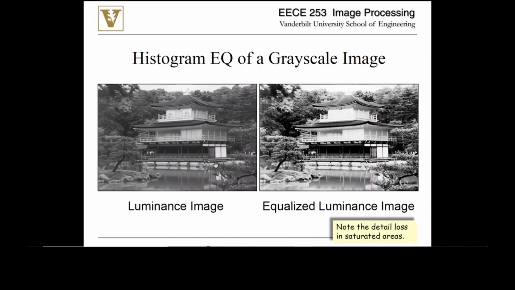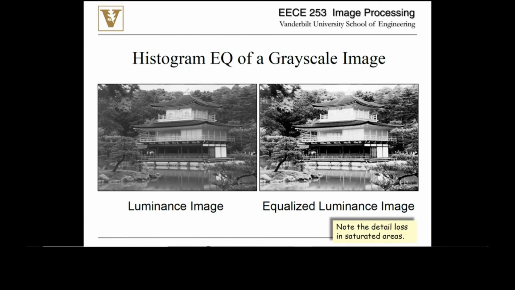And here we have a comparison of the two, luminance and equalized luminance. Despite the fact that we have much better contrast here, for instance, look at these trees, you see many more details in the equalized image than in the original image. The reason is that the difference between maximum and minimum in that part of the image is larger.